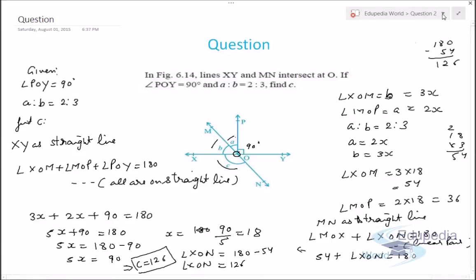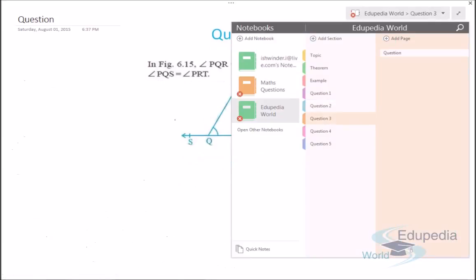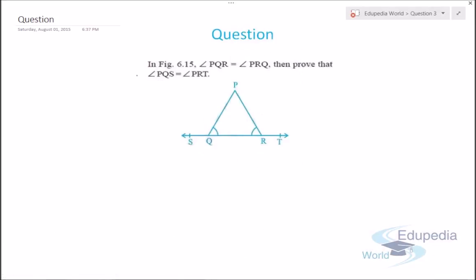So let's move on to the next question, question number 3. In question number 3, it's given that angle PQR equals angle PRQ. We need to prove that this angle is equal to this angle.